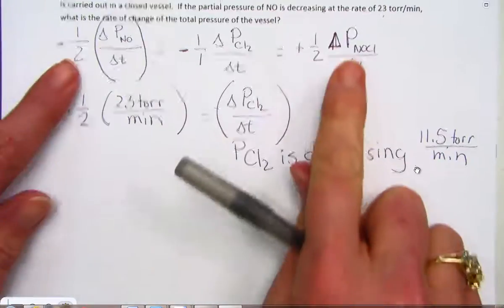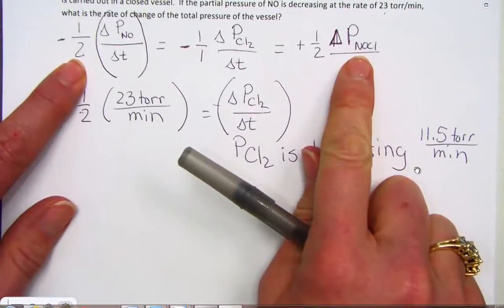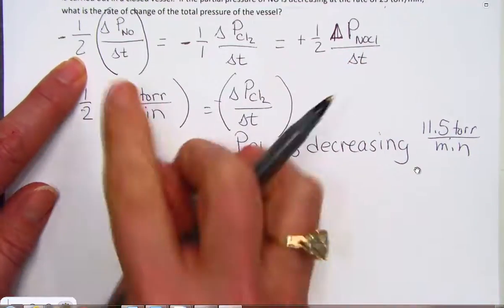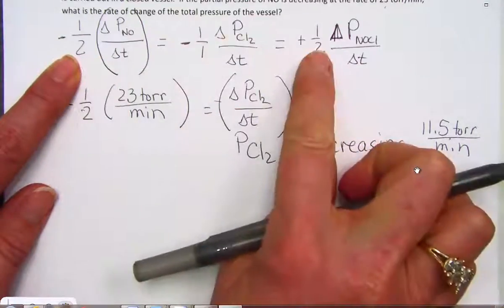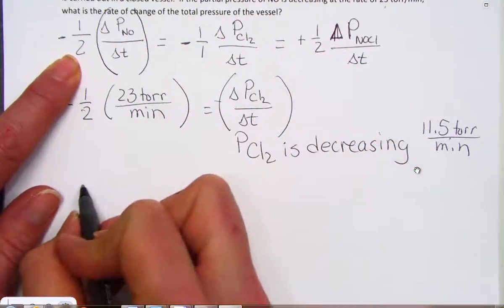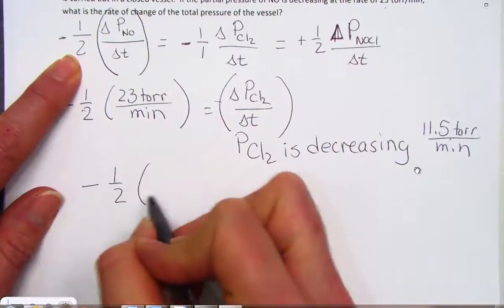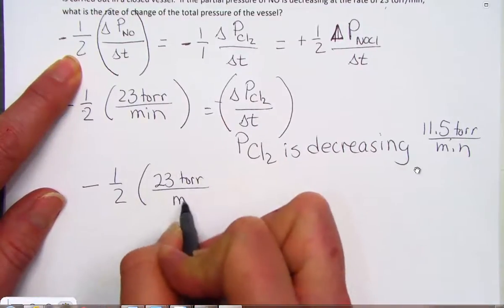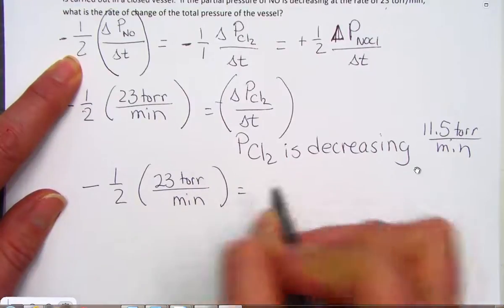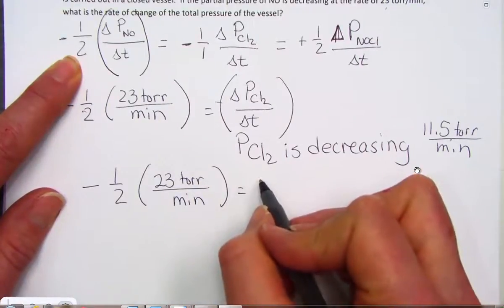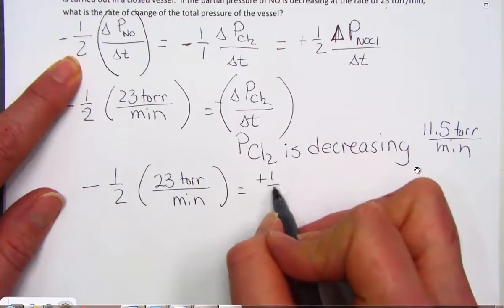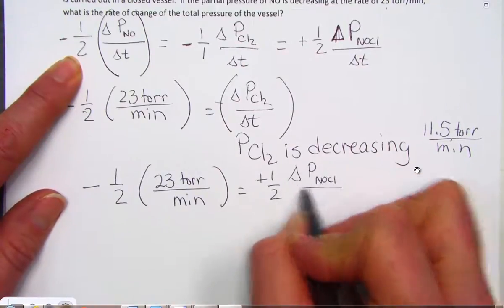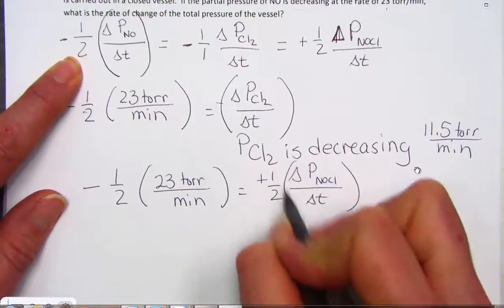And now let's compare these. The rate of appearance of NOCl really is the same value because the fractions are the same in front of it. So the disappearance of your reactant at 23 torr per minute is equal to the same value, positive 1/2 the change in partial pressure of NOCl over its time interval.